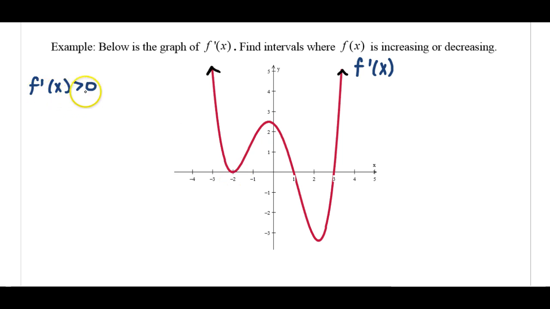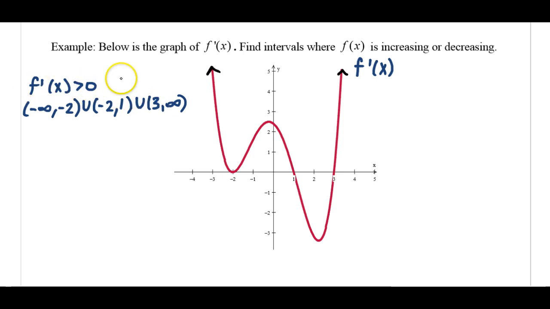So f prime of x is greater than 0 from -infinity to -2. But we have to remove -2 because that's where the derivative equals 0. So -infinity to -2, -2 to 1, because the graph's still above the x-axis from -2 to 1, and from 3 to infinity. So there can be multiple intervals as part of the answer.